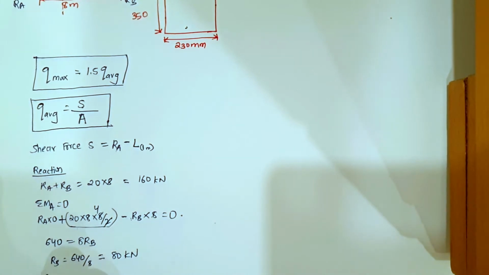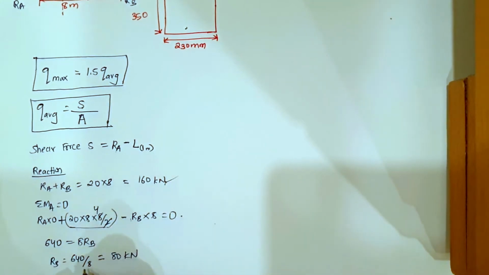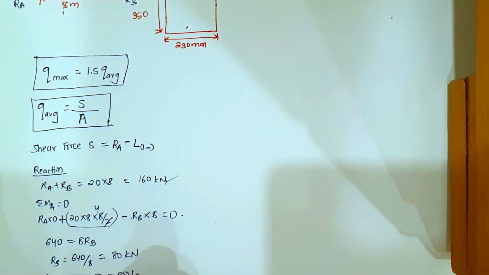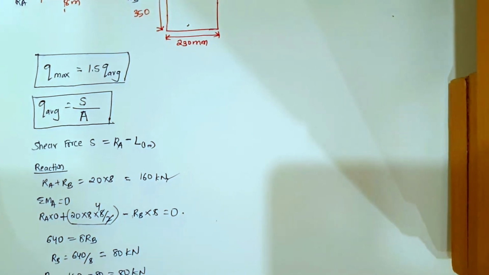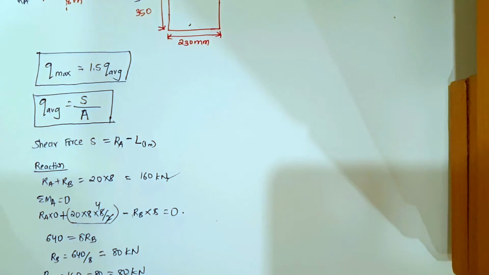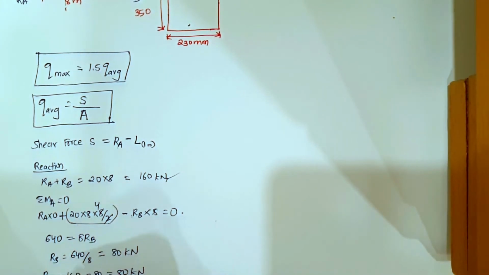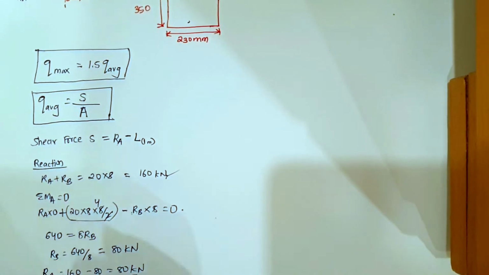Now RA will be 160 minus 80, which is equal to 80 kilonewton. This is how we found reactions in unit number 4.